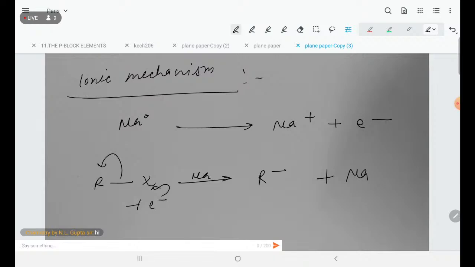Here you see that Na also you can take. Both we are going to take. So what are the possibilities, student? R minus will form, it will combine with the Na plus, and another is X minus, right?